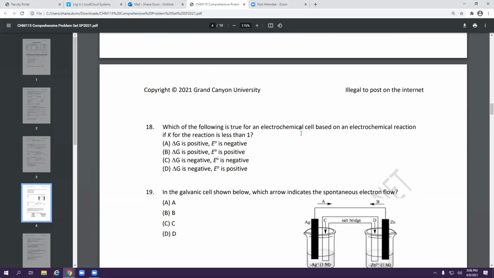Okay. So, which of the following is true for an electrochemical cell based on the electrochemical reaction? If K is less than 1. So what does K equal, guys? Good, you guys remember this. See, that's why I beat it into your heads. So, if K is less than 1, what does this mean?